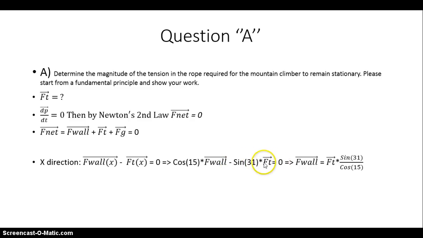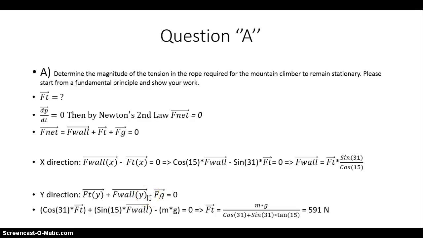Because we need to calculate Ft in this problem, we put F wall in terms of Ft, so F wall equals Ft times sine of 31 over cosine of 15.